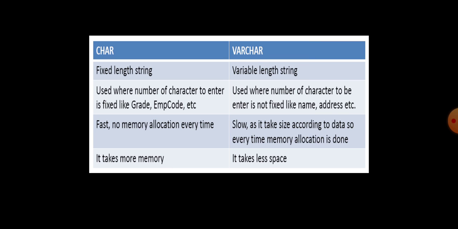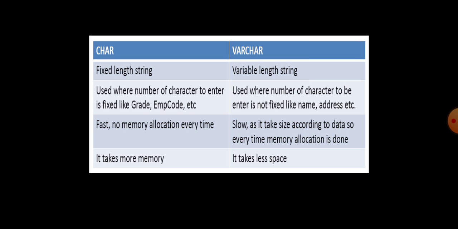Varchar means variable length string, used where the number of characters to be entered is not fixed, like name and address, etc. It is slower as it takes the size of data according to the entry of each and every data.